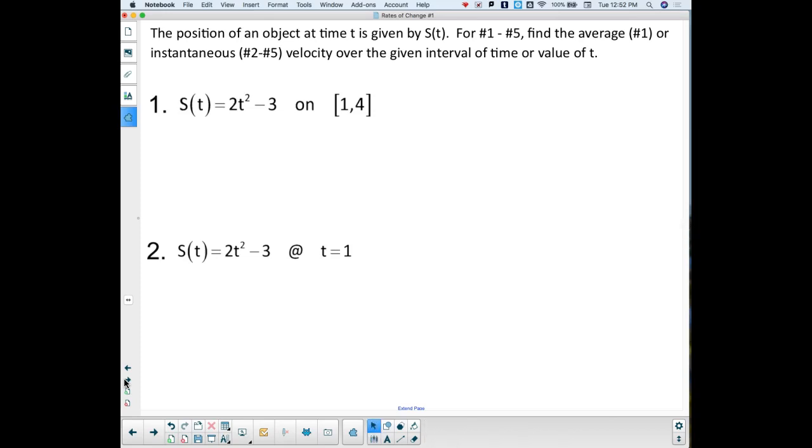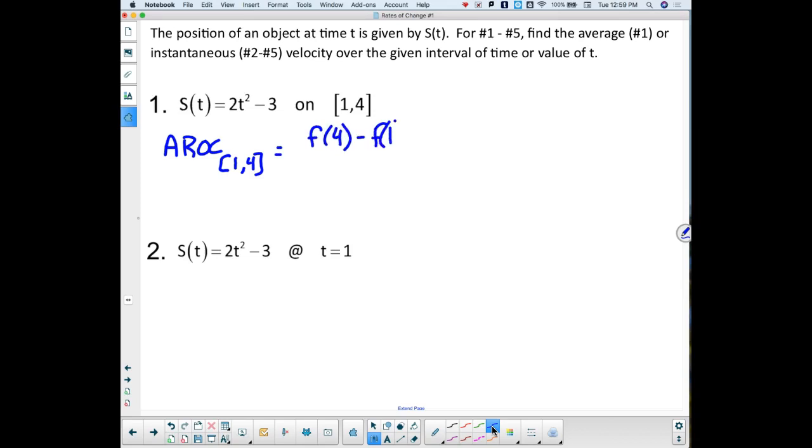Alright, so the AROC here on the interval 1 to 4 is going to be f of 4 minus f of 1 all over 4 minus 1. If I plug 4 into my function, I get 32, right?